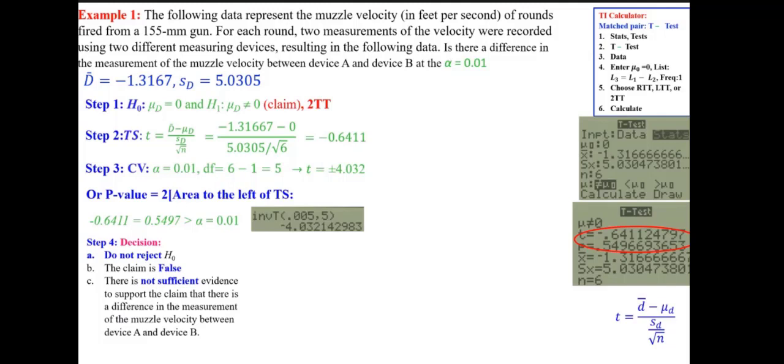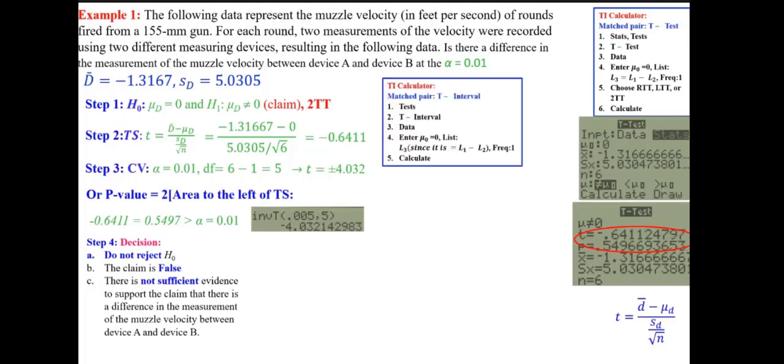We can also do a confidence interval because alpha is 0.01, and this was a two-tailed test with a 99% confidence interval. It can be done by hand, D bar plus or minus E, where E is t times s over square root of n.